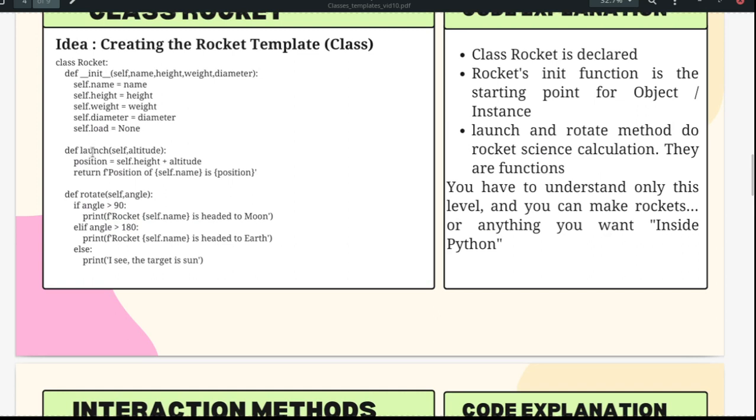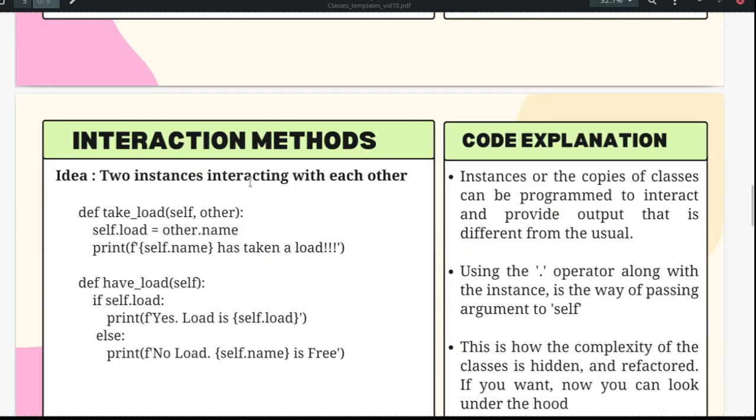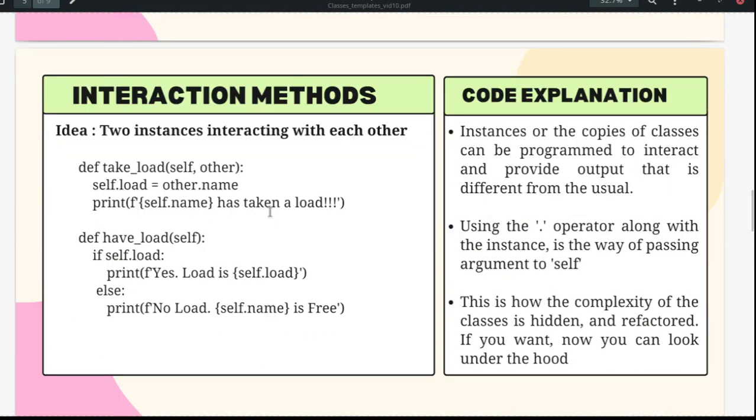In this place, we saw the methods were only using their own data. It was not having any interaction with another object of any kind, of the rocket kind or any other kind. But now you can actually make it interact also.